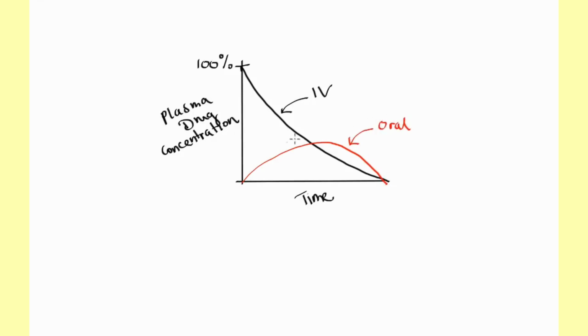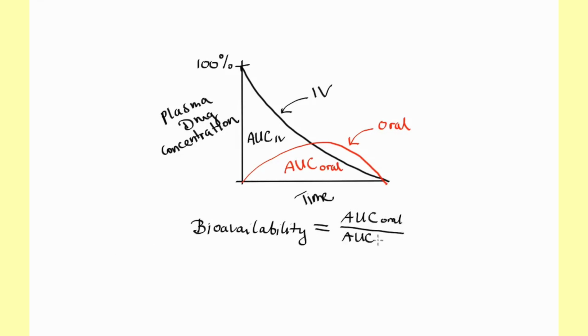Therefore, its curve would look a little different. Once we can graph this phenomenon, we can then find the areas under these curves, also known as AUC. AUC is really helpful in making comparisons between formulations and routes of administration. So finally, knowing all that, bioavailability is simply AUC for the oral drug over AUC for the IV drug times 100.